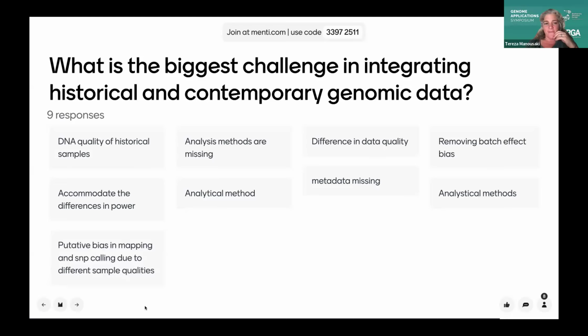And also accommodating the differences in power in the analysis, that's also really difficult because the low quality populations will drive the whole analysis down, if I'm expressing this correctly.